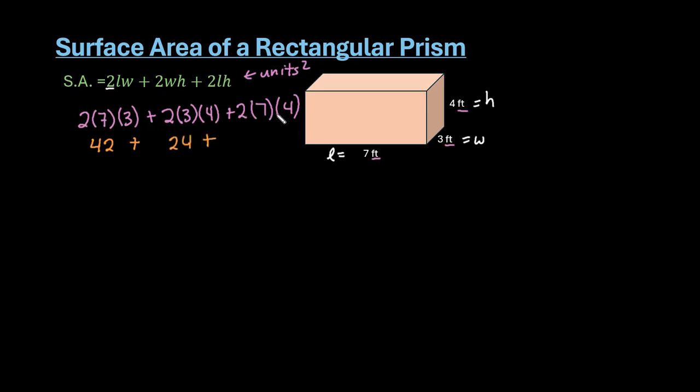And on the last one, 2 times 7 times 4, you can either multiply the 14 times the 4, or you can do 28 times 2. Either way, you're going to end up with 56. Then you find the sum of all of these values. If I add this all up, it ends up being 122. And remember that the units are feet squared.